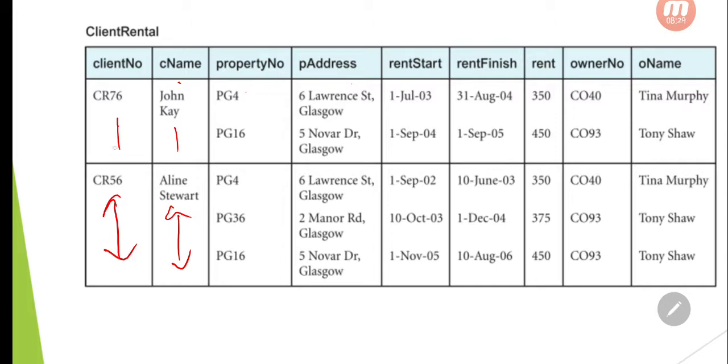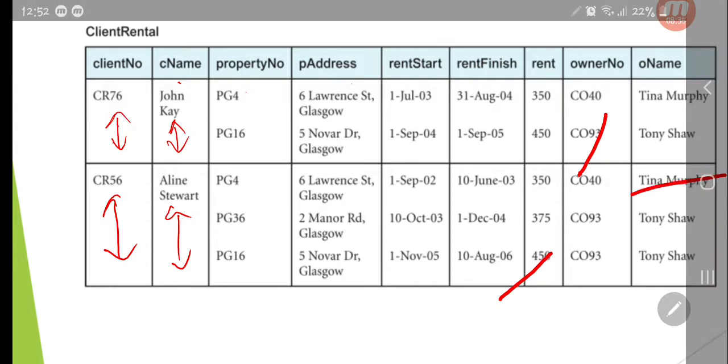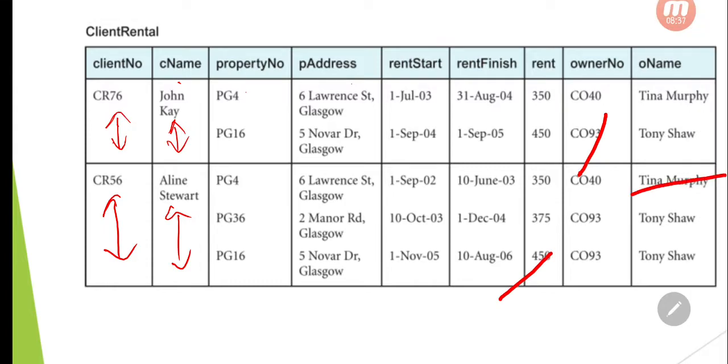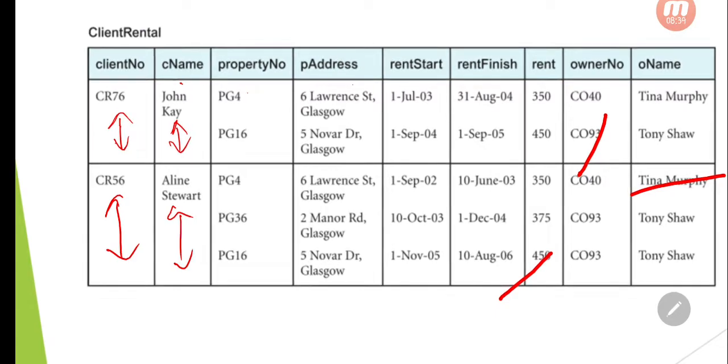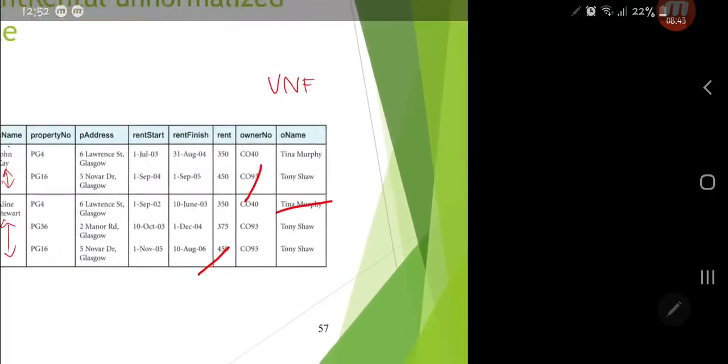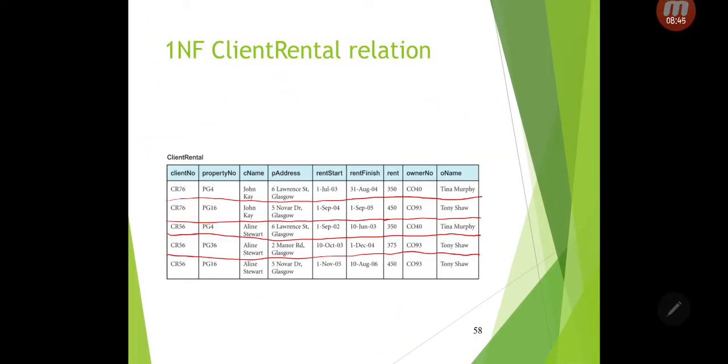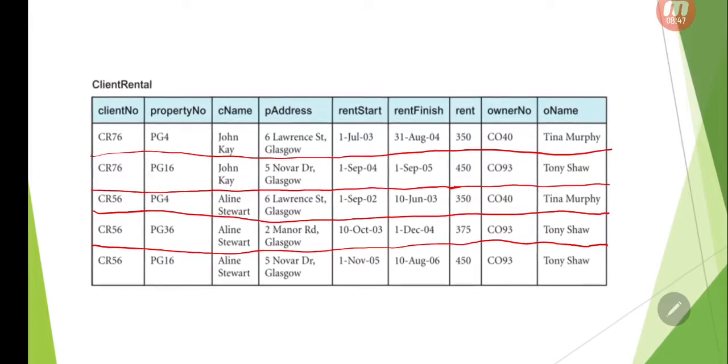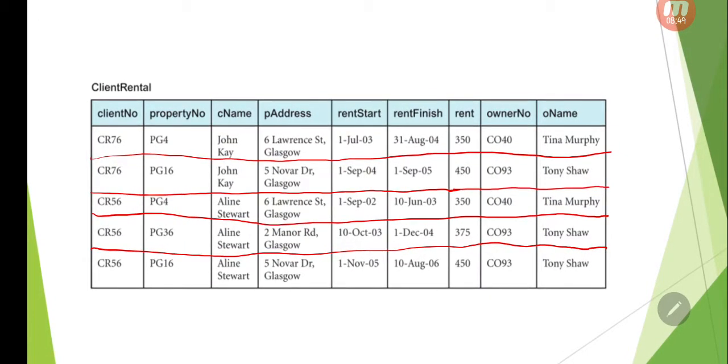In first normalized form you cannot have a blank cell, so you need to replace every blank cell with data. That's why you fill in everything and it becomes like this. This is the first normalized form.